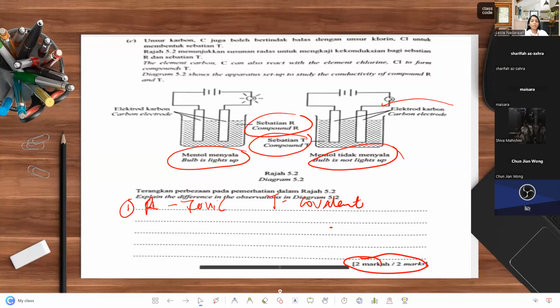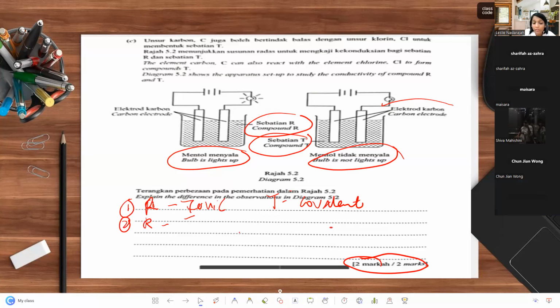Now, what do you know if it's ionic? If it's ionic, what will I have? What must an ionic compound have? Very good. Jibril says, I've got free moving ions.